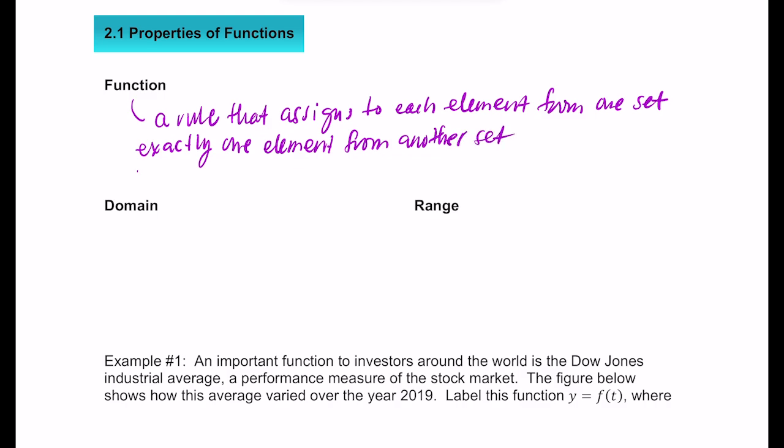Okay, each x corresponds to exactly one y.